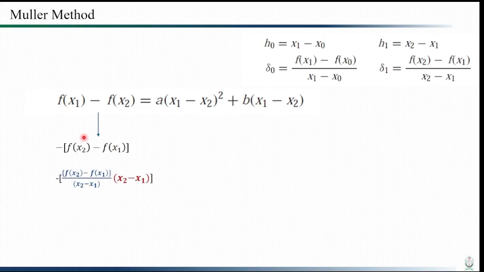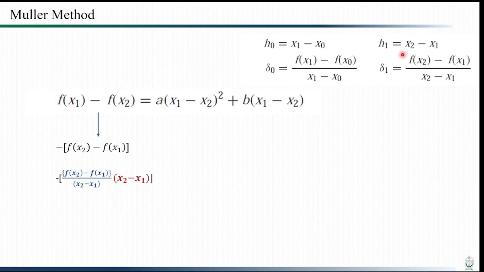And then this same quantity can be rewritten as this. So we have just brought x2 minus x1 beneath this f of x2 minus f of x1 and multiplied the same thing here. So that being said, this whole mathematical term is equal to this thing.